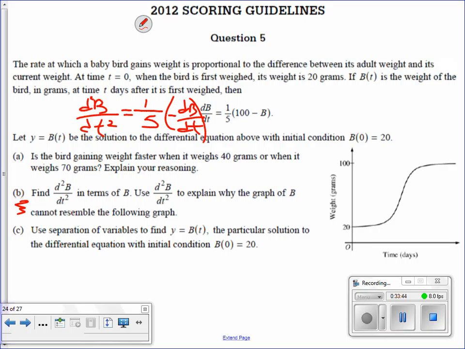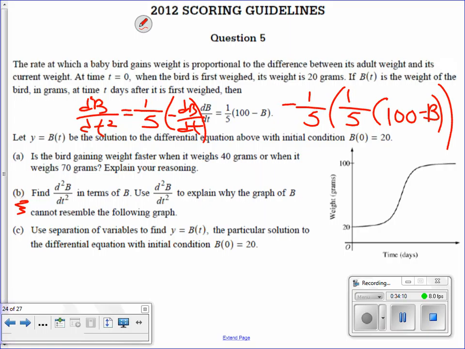So we have the 1/5 times negative dB/dt will be negative 1/5 times 1/5 times (100 minus b). I would make it minus 1/25 (100 minus b), but you could leave it like that. That's just arithmetic. I can't tell you how many people get that part wrong when they get the second derivative of a differential equation.